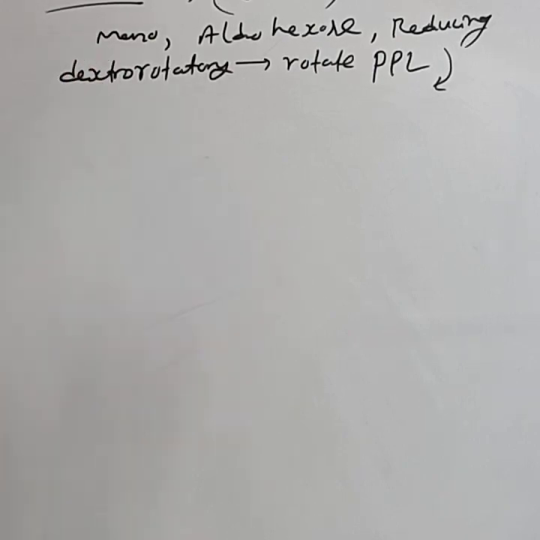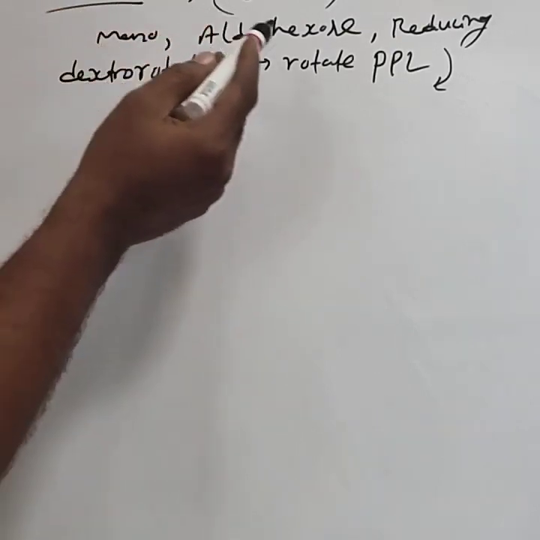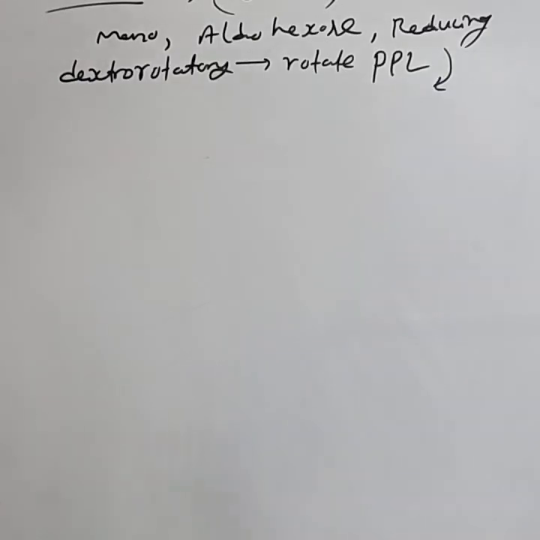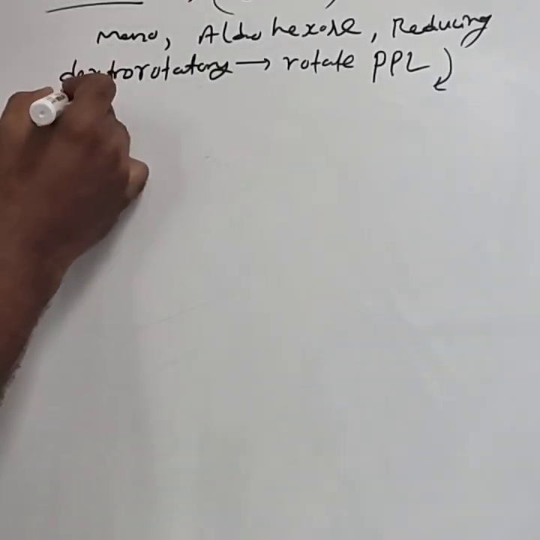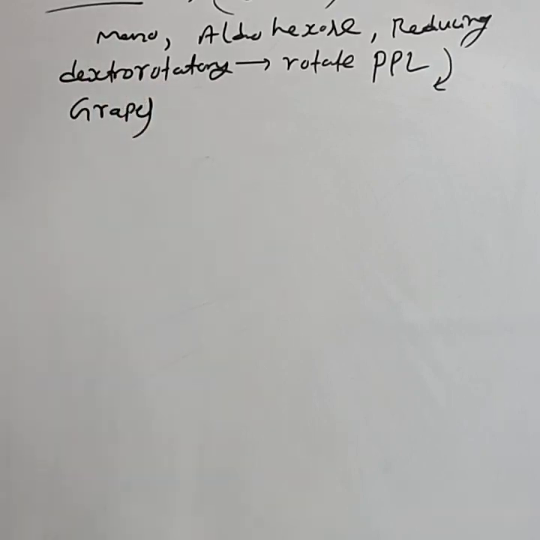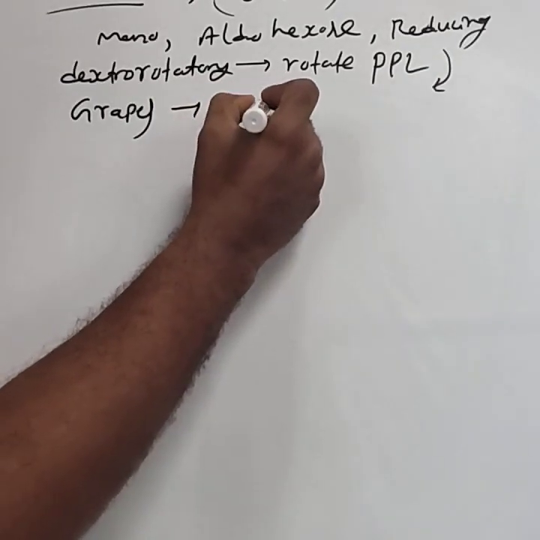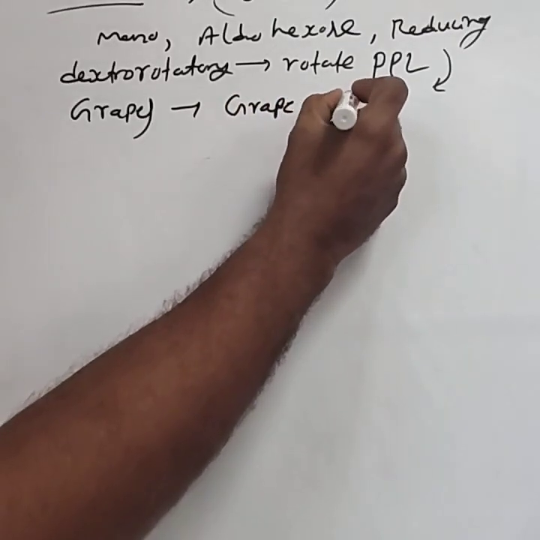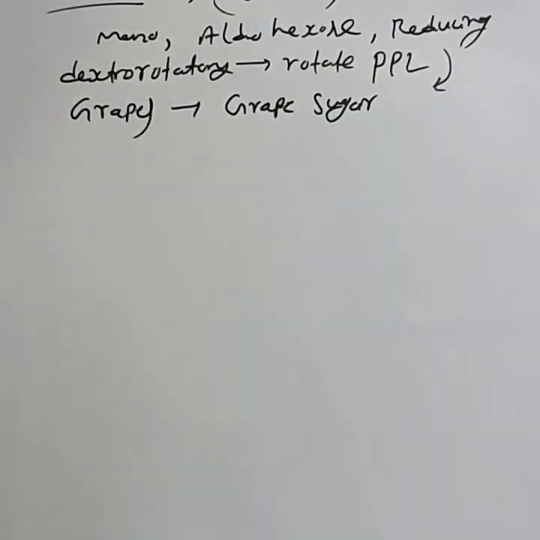Glucose is dextrorotatory because a solution of glucose turns the plane polarized light in the clockwise direction. Glucose is mainly present in grapes, hence it is called grape sugar.